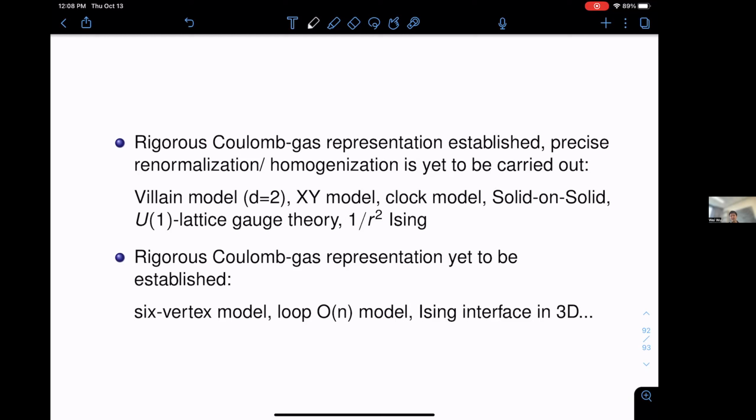So I expect you need some more care, and so far it's not very clear to me what to do. I guess maybe XY is somehow more fundamental than clock in this sense.